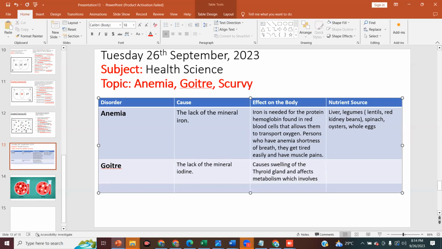When we say salt has iodine, I'm not telling you to eat globs and globs of salt. It's just one of the things that has iodine. You've got to eat other things that have iodine, because you can't eat too much salt, since salt has other effects on the body. So you want to find other sources of iodine that are not as detrimental to your body. You understand? Yes, Mr. T. Yes, sir. Go ahead.